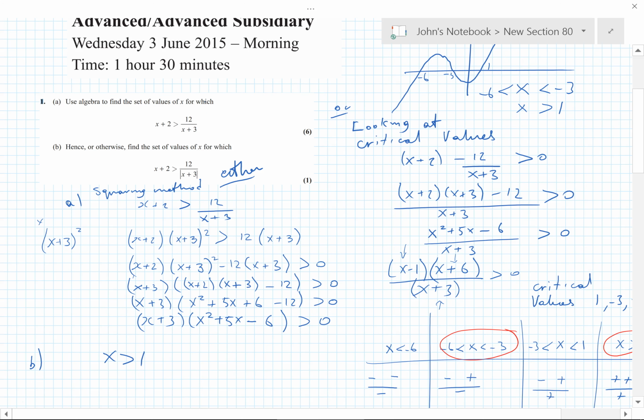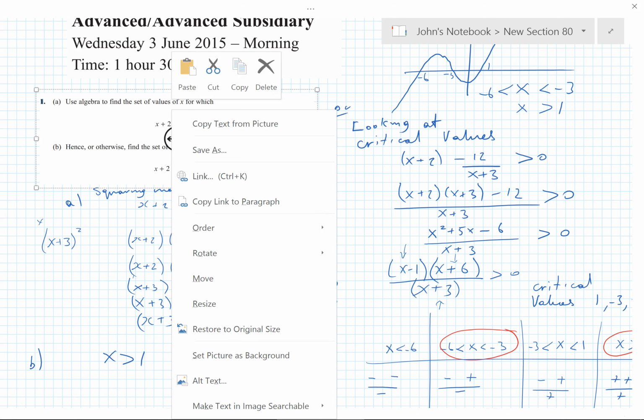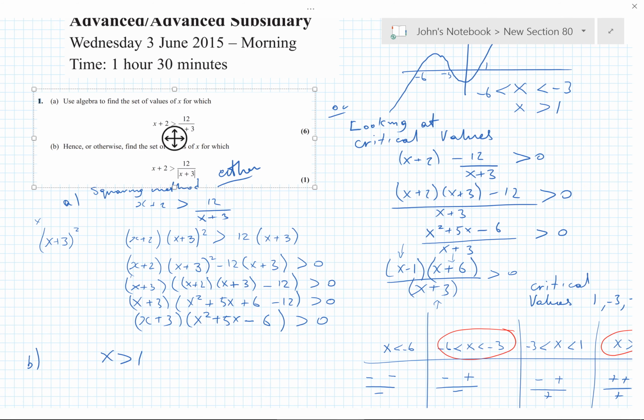That would be the case even if you drew them, because they'd have no way of telling whether you actually used your graphical calculator or not. So which is why they say use algebra. It seems a bit strange, because it's probably best to use algebra anyway. Okay, so let's move on to the next question.